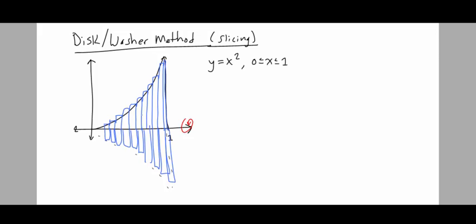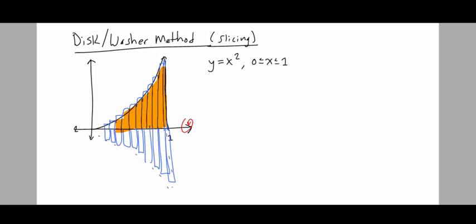Now if you notice, this solid area that I have here is touching the axis of rotation. I could choose different axes of rotation, but for now I'll just use this particular region.